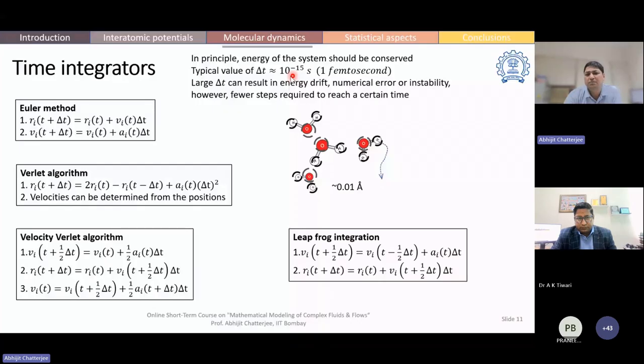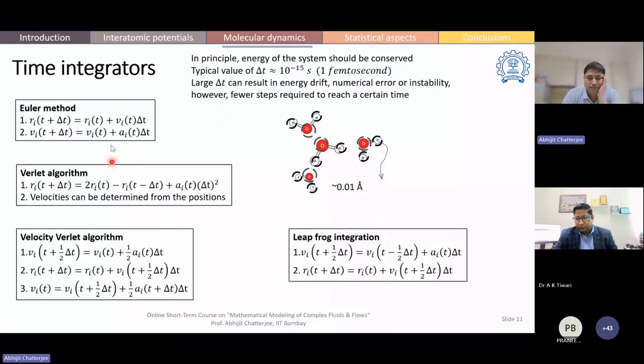And hopefully with this small time step, you would find that the energy of the system is conserved. If we were to take larger time steps, there will be energy drift, a lot of numerical error, and you might even see big errors in your force calculation, and that will completely mess up your calculation.